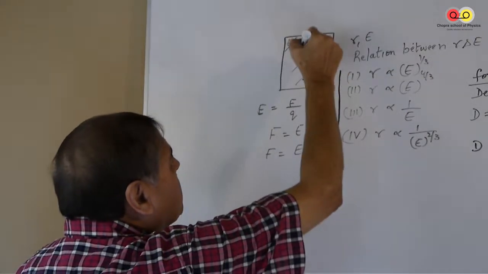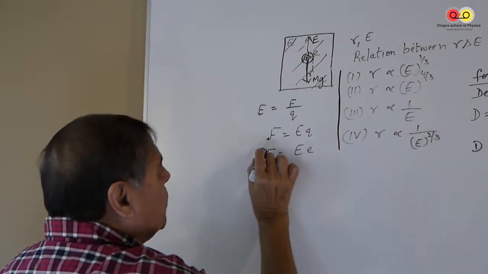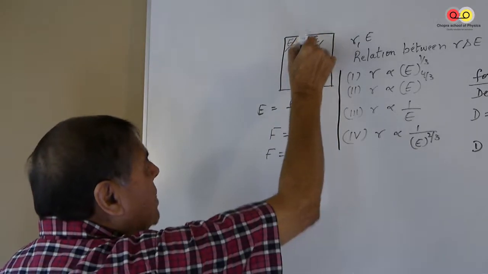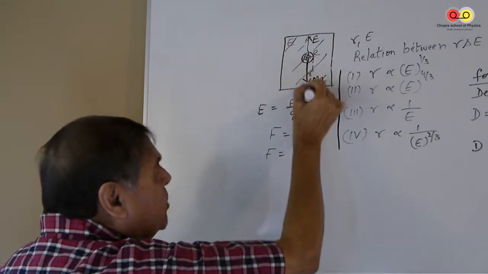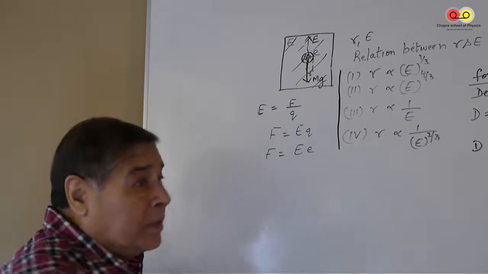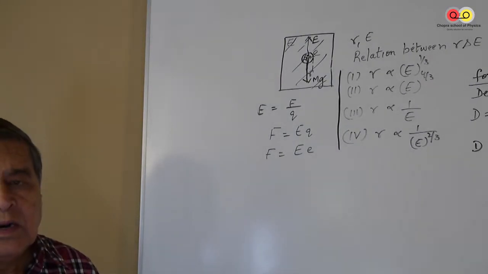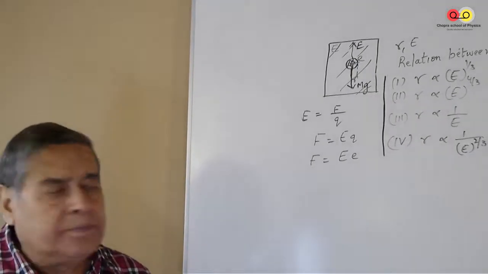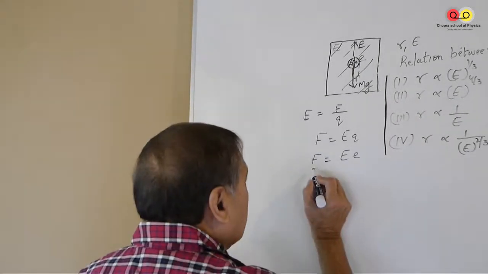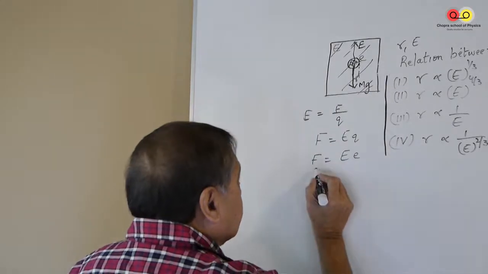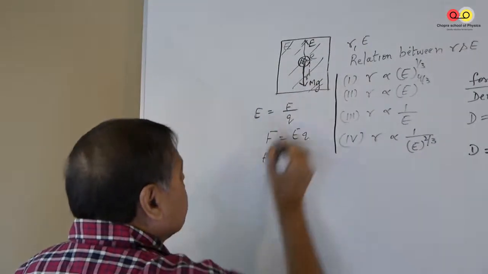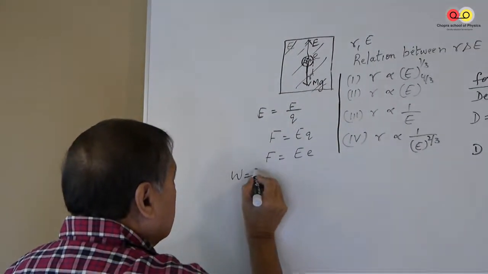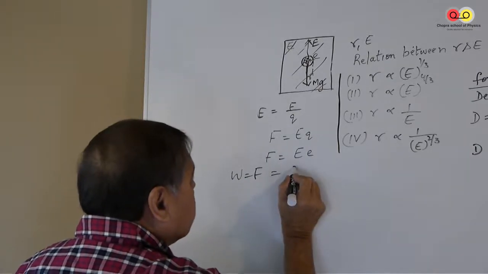So the upward force is due to the electric field, EE, and the downward force is the weight of the drop. You will remember, weight is the force due to which bodies are attracted towards the center of earth, and force is mg.